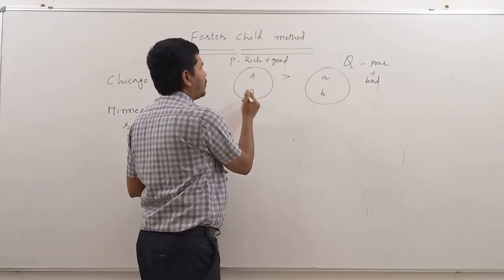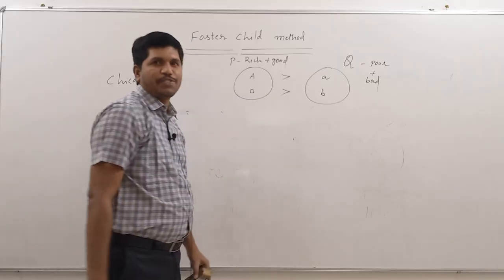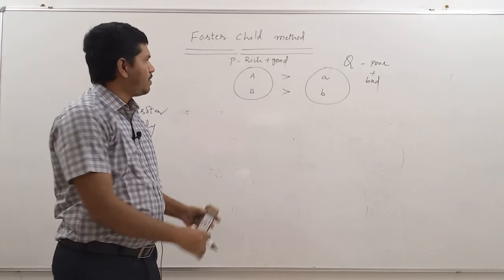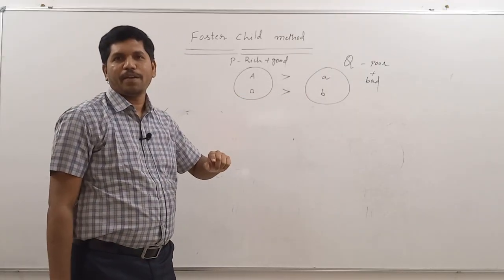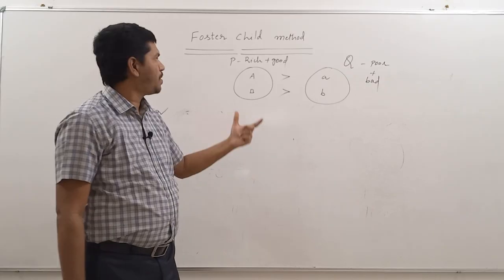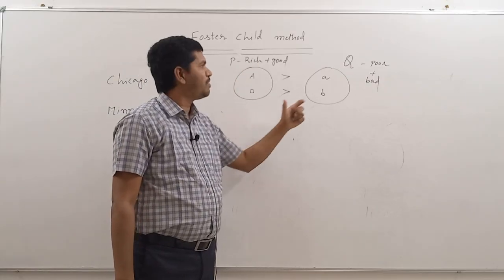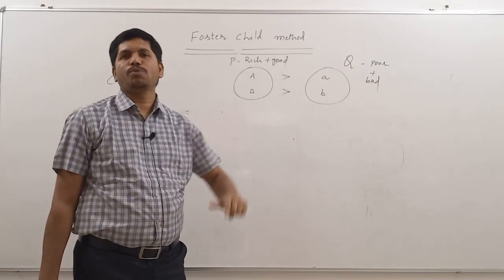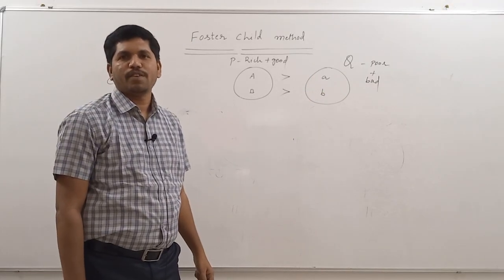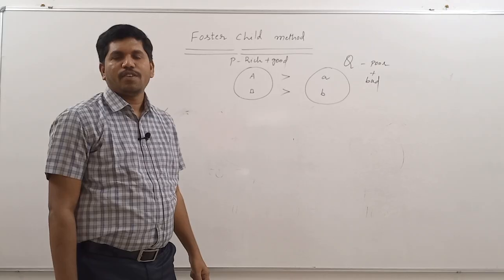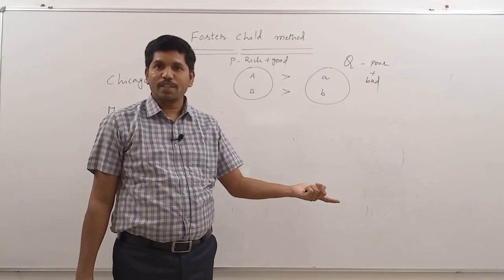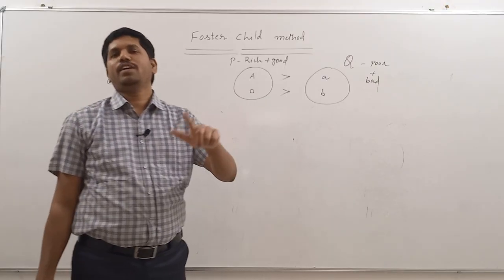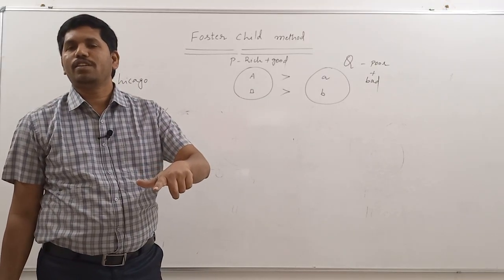Similarly, here also in capital B there is more intelligence. With respect to these two also, both are the children of Q family. Genetic component is the same, but capital B is exposed to a good home environment, small b is exposed to a poor home environment. That's why we can say that genes have a role in the development of intelligence and environment has a role in the development of intelligence.